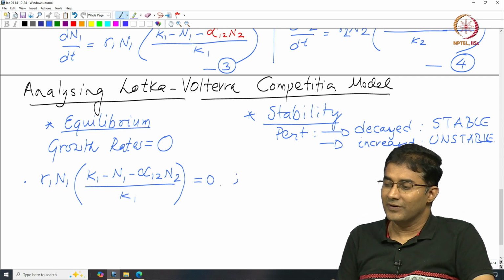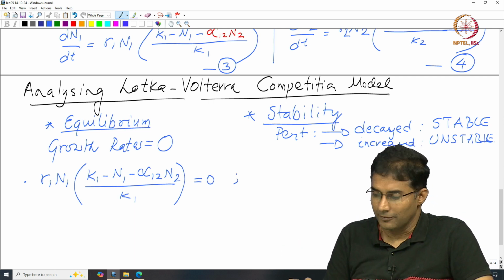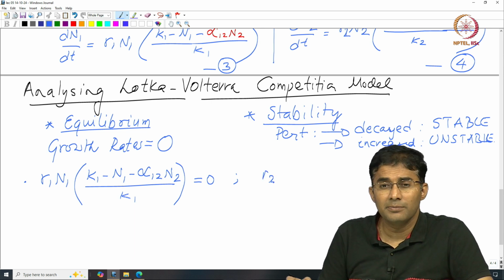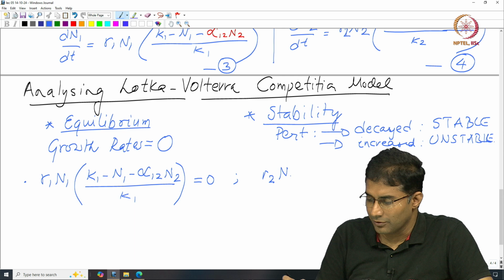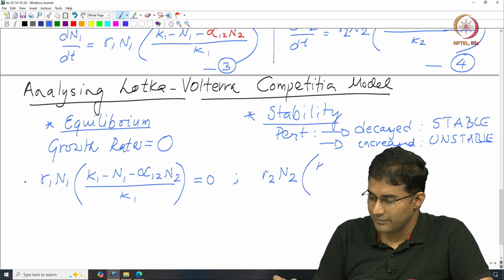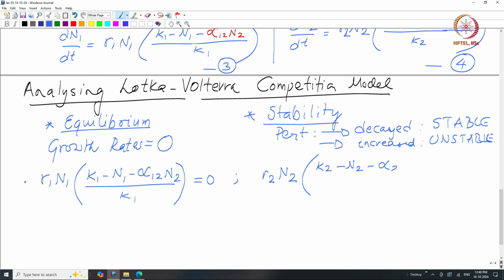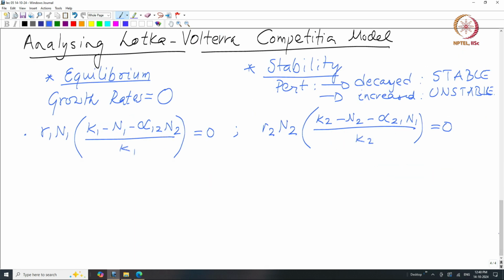And now if I set equation 4 to 0, which basically means the growth rate of the species 2 population is also 0, I will get these. So, there are 2 equations which we have to simultaneously set to 0.